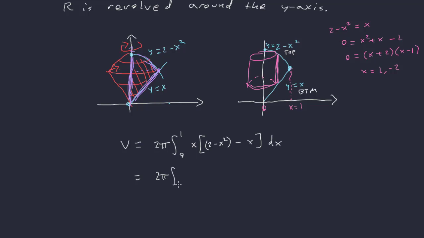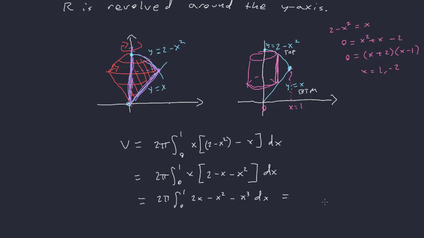Okay, in some ways it's a little nicer, in some ways it's not. We don't have to square anything. I'm going to write it like this so it's in order. We don't have to square anything, but we do have to distribute that x. Okay, so we get 2x minus x squared minus x cubed dx.